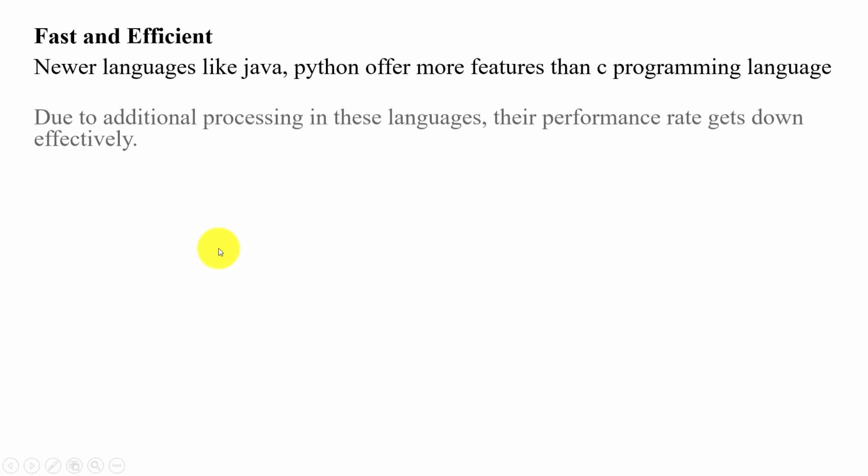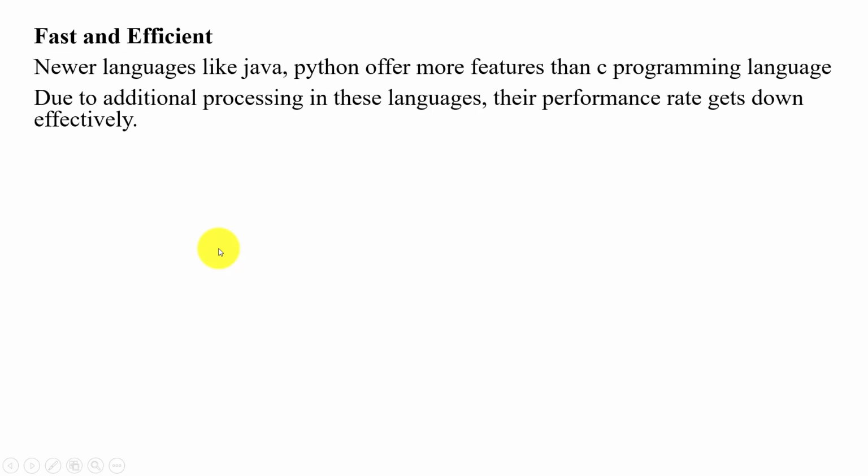The next feature is that it's very fast and efficient. Nowadays high level languages, for example Java and Python, have additional features compared to C programming, but those additional features also require processing, so the performance drops effectively when using a very high level language.